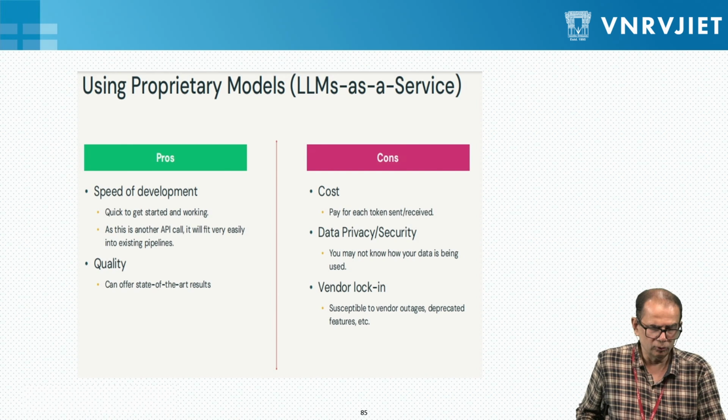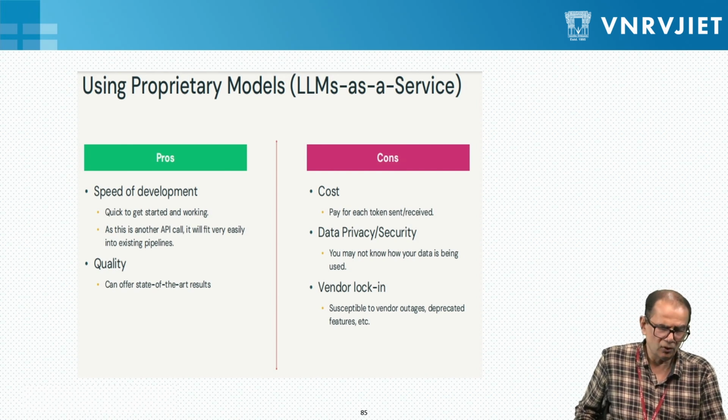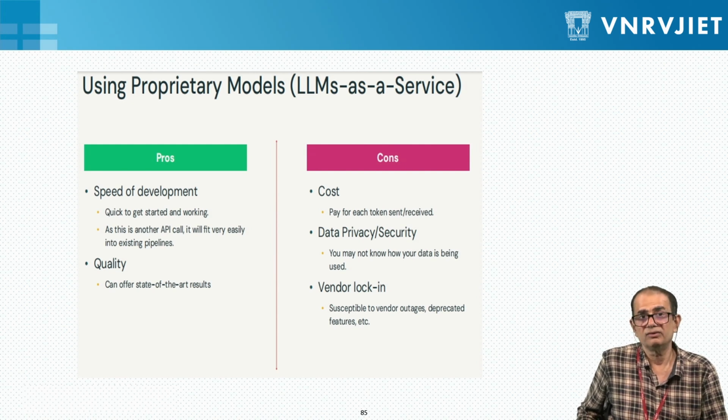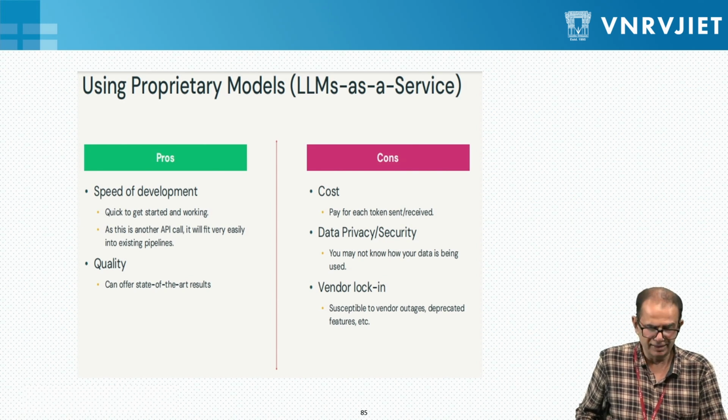Now, what are the pros and cons of using an LLM as a service? The pro is that the speed of development is very high. That is one of the advantages of using an LLM as a service.